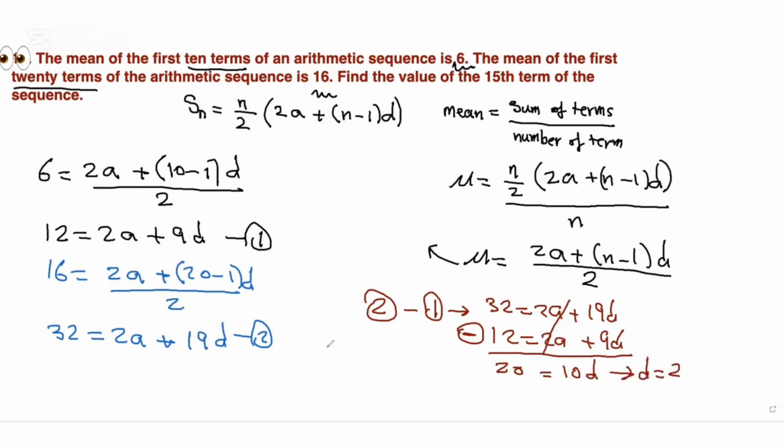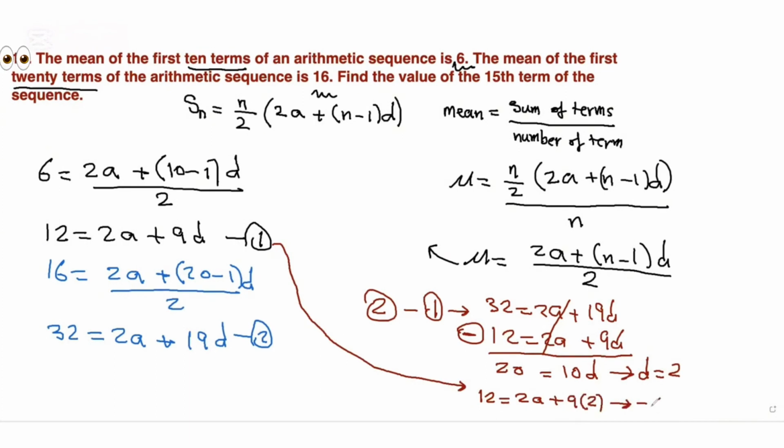At this stage, we can solve for a. We'll take one of the equations, it doesn't matter which, and we'll go with the first since it has smaller numbers. We have 12 equals 2a plus 9 times 2, since d is 2.